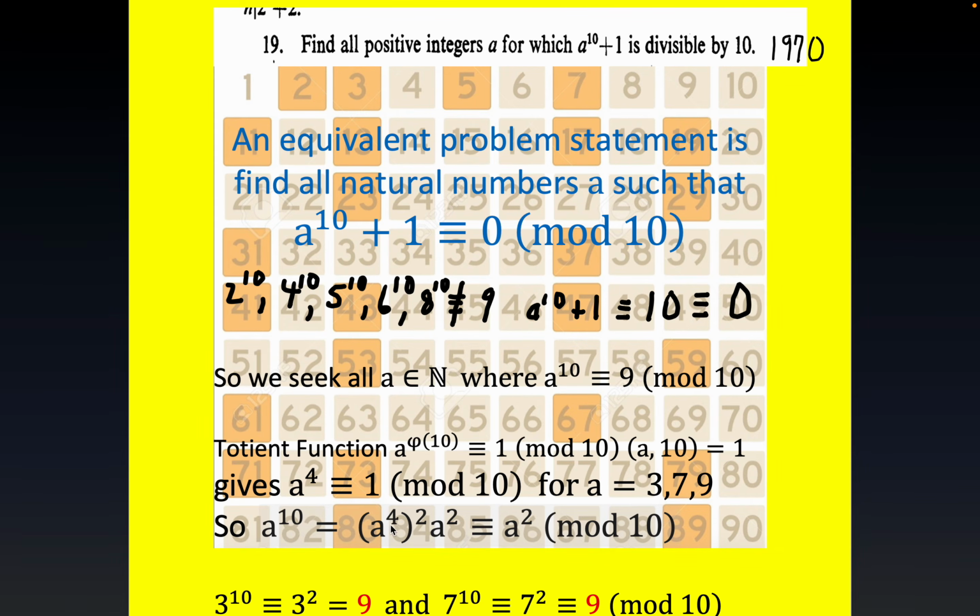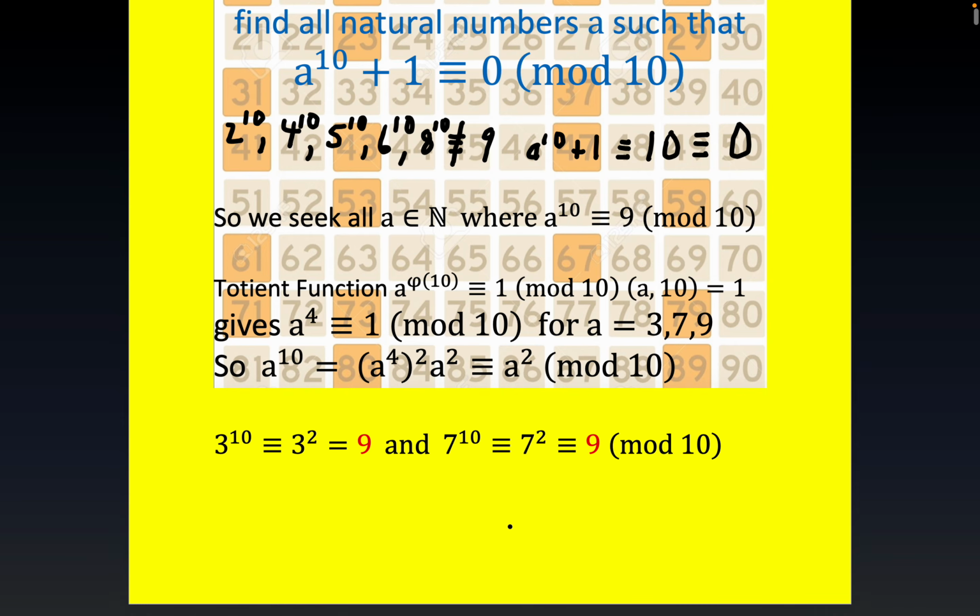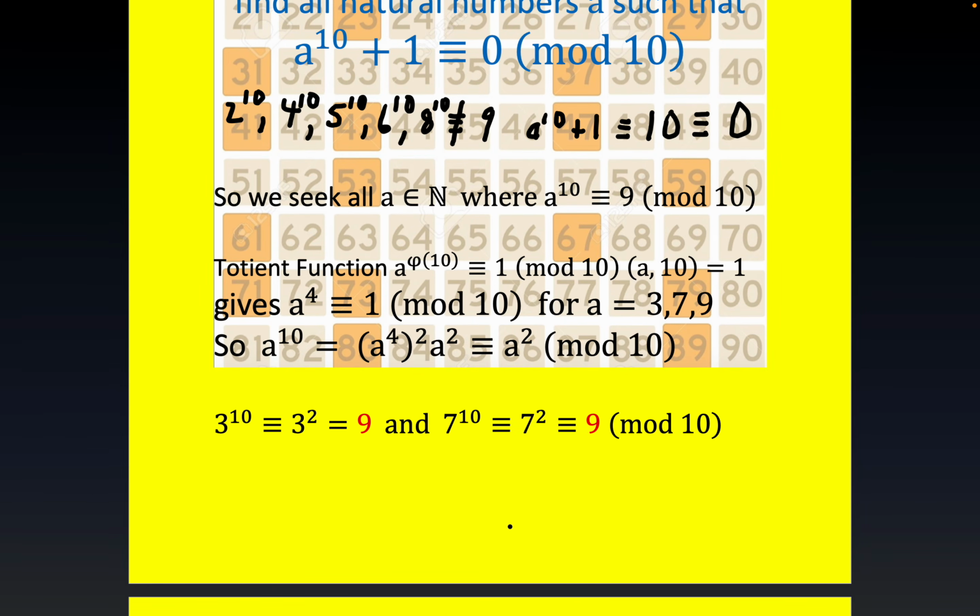See, a to the 4th is 1, 1 squared is 1. And so you get a to the 10th is congruent to a squared mod 10. And checking down here, we see the only two numbers in the list that work are 3 and 7. Notice that 9, when you square it, would end in 1, right?